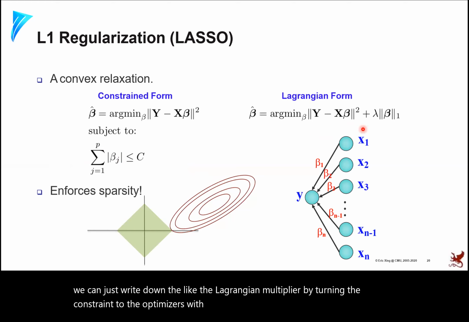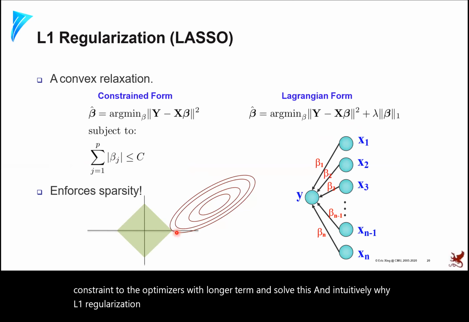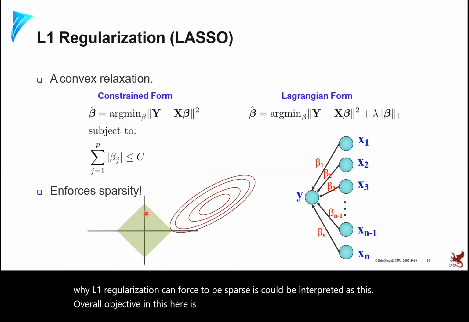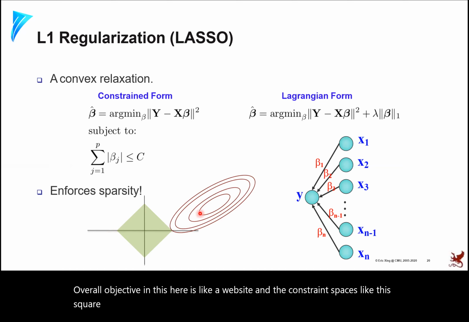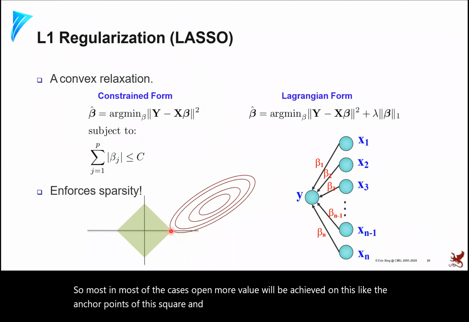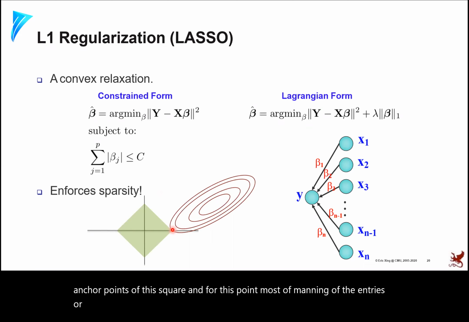Intuitively, why L1 regularization forces sparsity can be interpreted like this. Our objective here is an ellipsoid, and the constraint space is this square. In most cases, the optimal value will be achieved at the anchor points of this square, and for these points, many of the entries in different dimensions will be zero, and only some of them are non-zero.